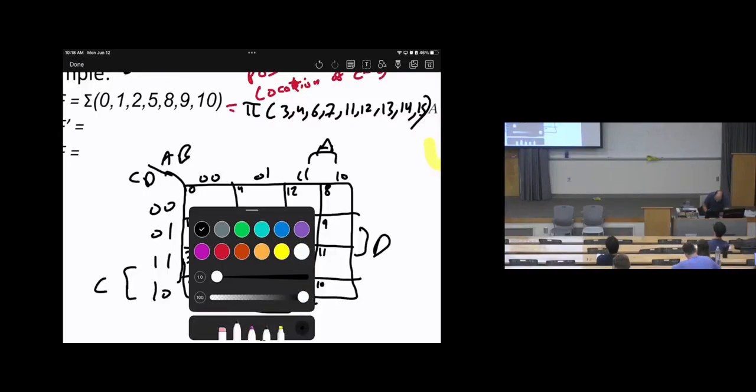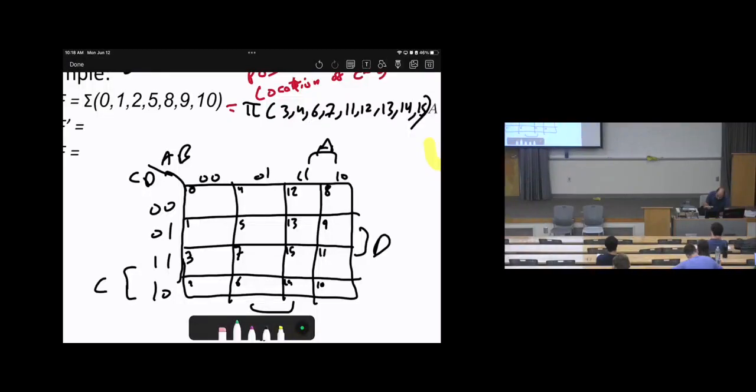Now, put the location of zeros instead of ones, because we are dealing with product of sum. Remember, don't put ones. Location of zeros will be 0 at 3, 0 at 4, 0 at 7, 0 at 11, 0 at 12, 0 at 13, 0 at 14, and 15.